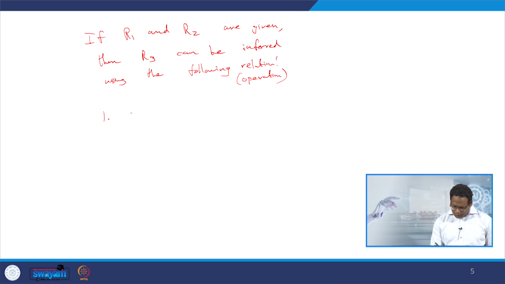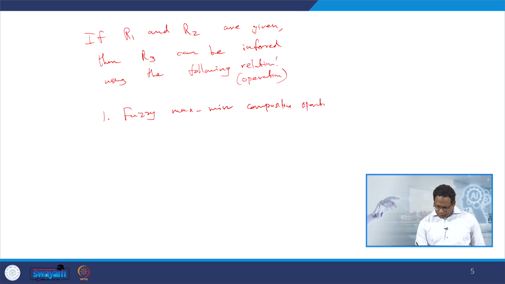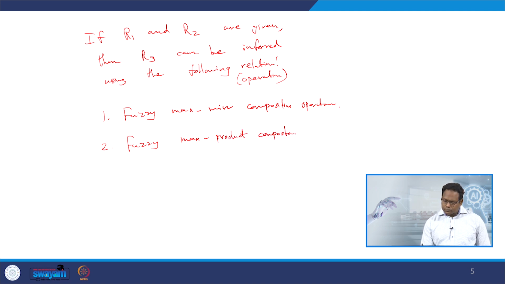One is fuzzy max min composition operation, another one is fuzzy max product composition operation. Using either of these two operations R3 can be inferred given the relation R1 and R2.